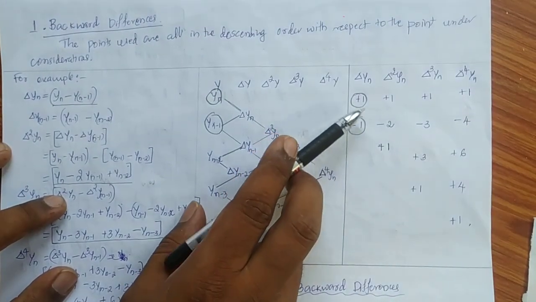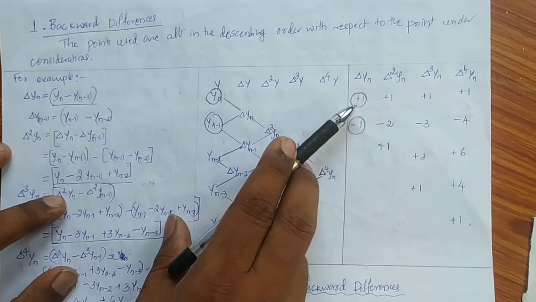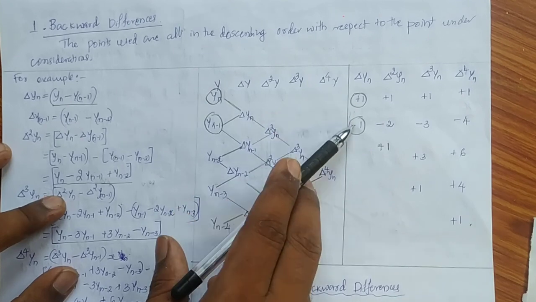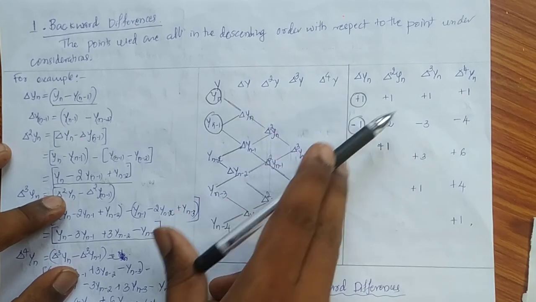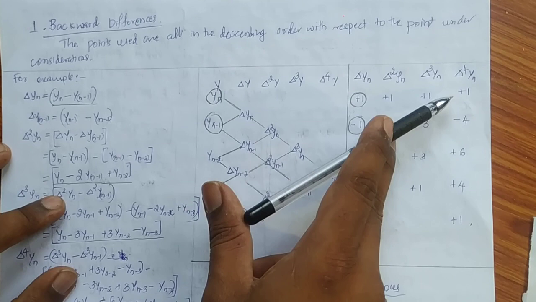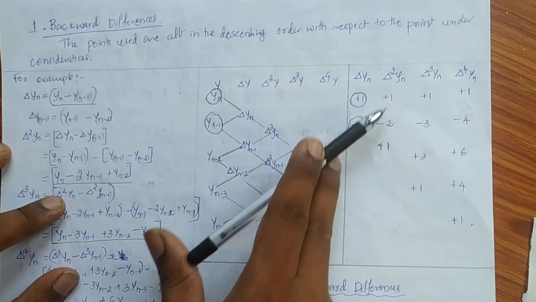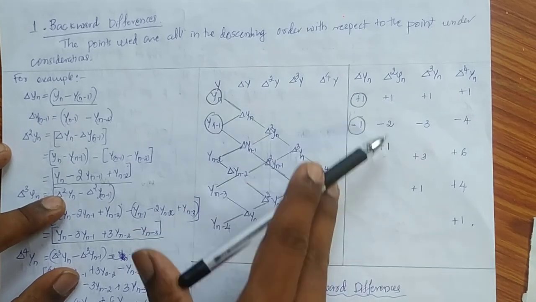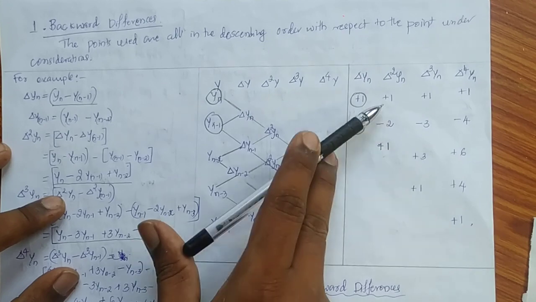So you will be starting here with plus 1, minus 1; next plus 1, minus 2, plus 1; for the third, plus 1, minus 3, plus 3, minus 1. Here three terms will be there, and it should be symmetrical, plus 1, minus 2, plus 1.